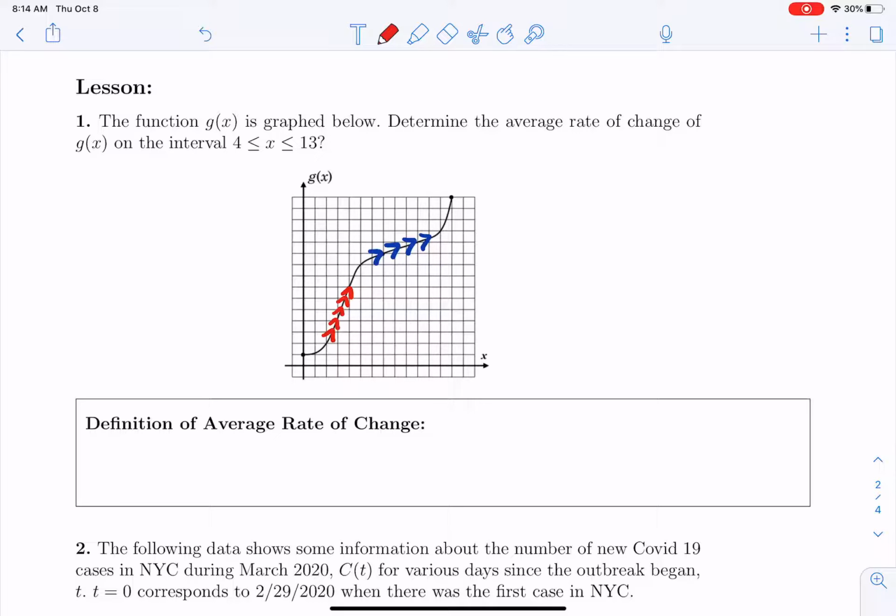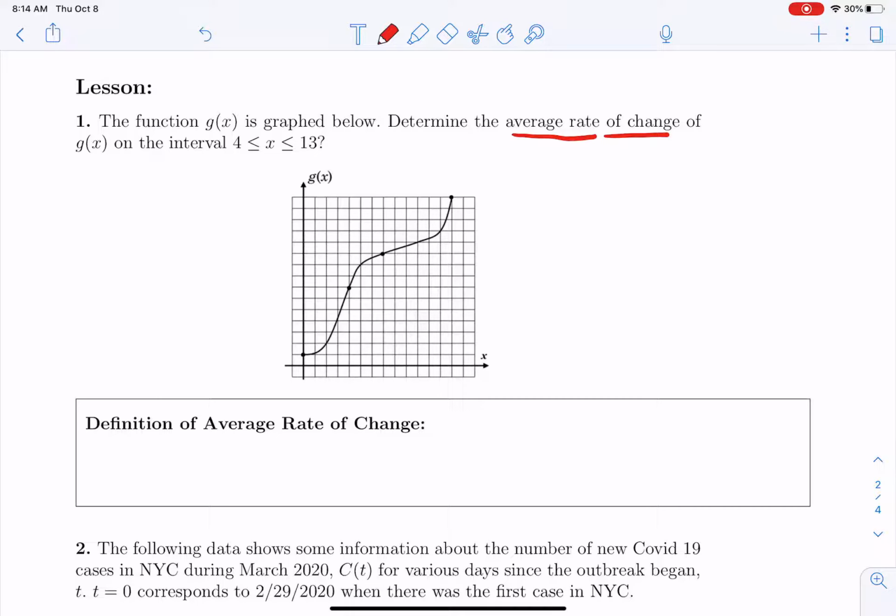Now, what we can talk about when we talk about a curved line is not the slope, but it's really the average rate of change.